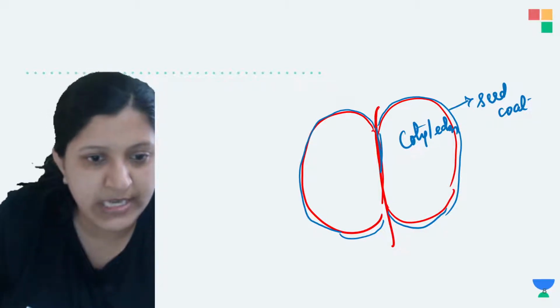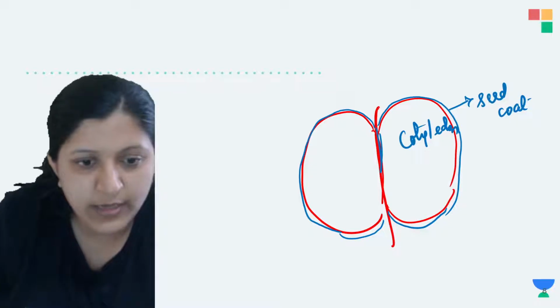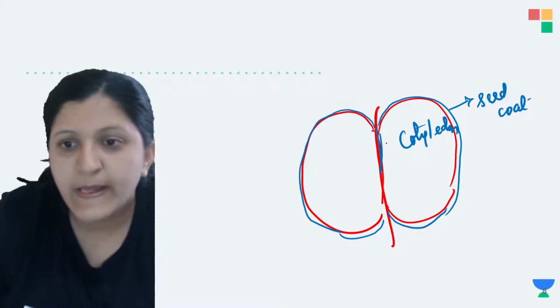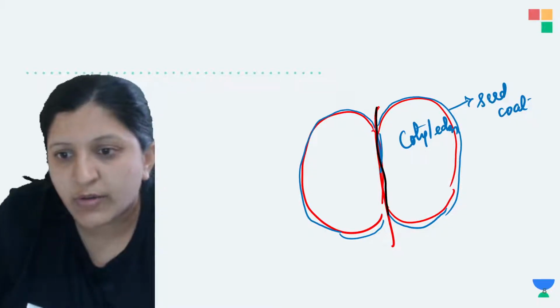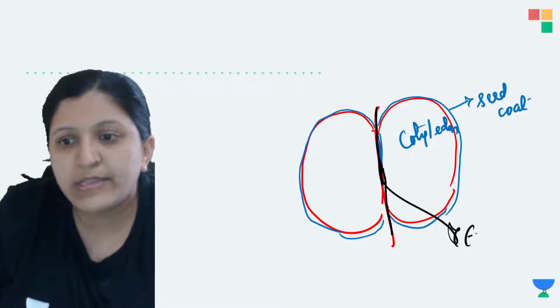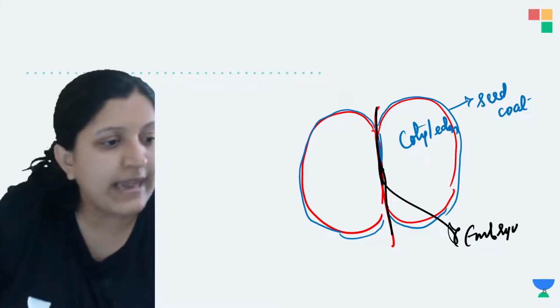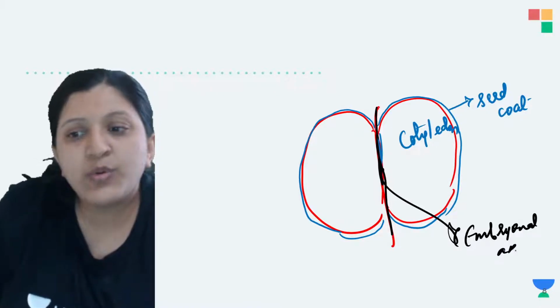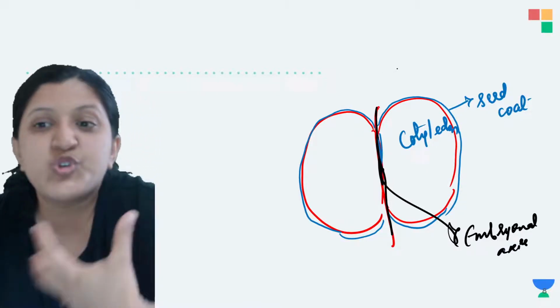Let me make it in a different color so that you can differentiate. This one is the embryonal axis over here, so we will write that. From the embryonal axis there is a plumule, that is the shoot system.